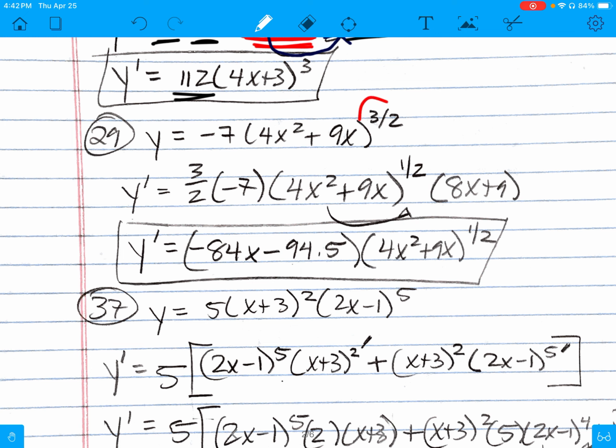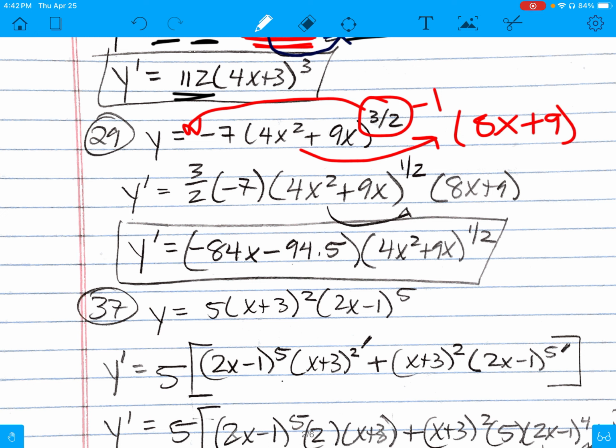So we're going to bring the 3 halves down out front to multiply the whole thing, subtract 1 from the exponent, and then chain out the derivative of the inside function, which is 8x plus 9. And in the solution guide, you can see that's where this next line came from.